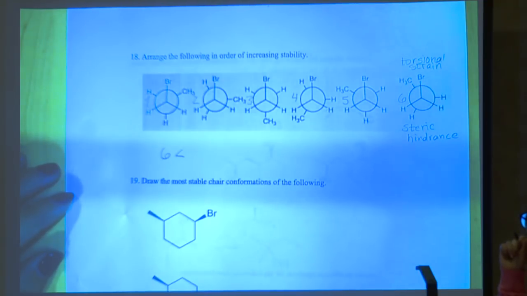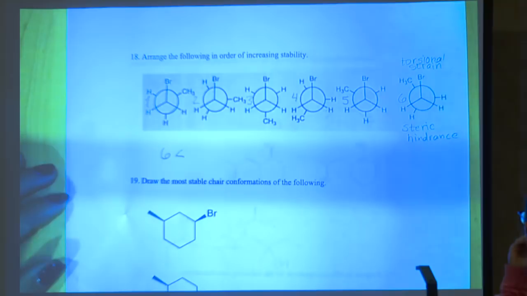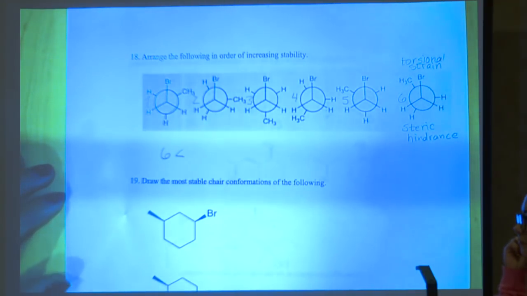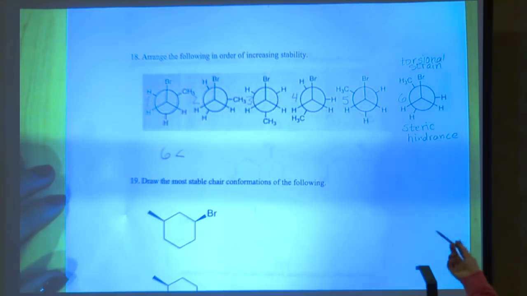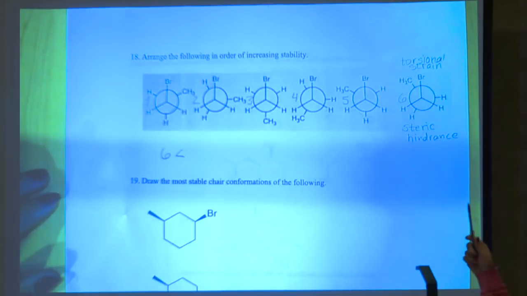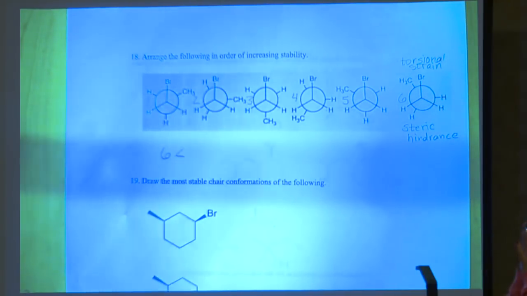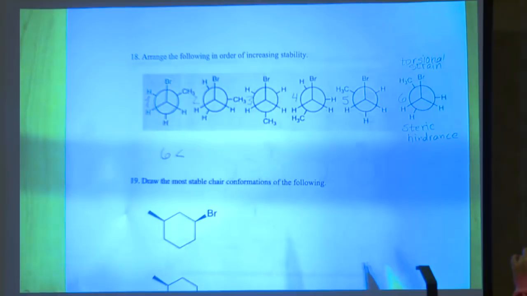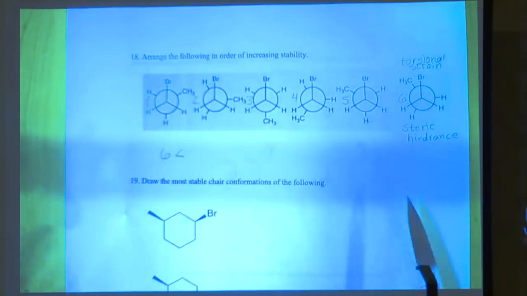Why 2? Yeah, so staggered will be more stable than eclipsed. So first we want to get rid of all the eclipsed ones, right?